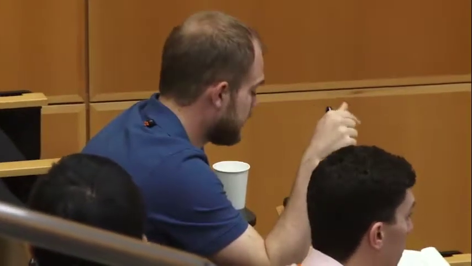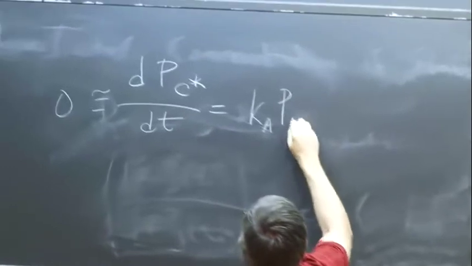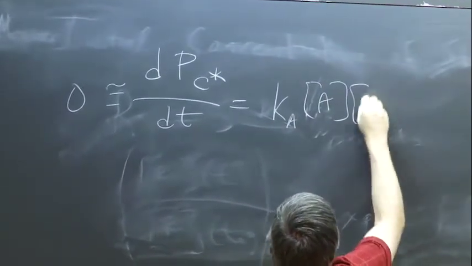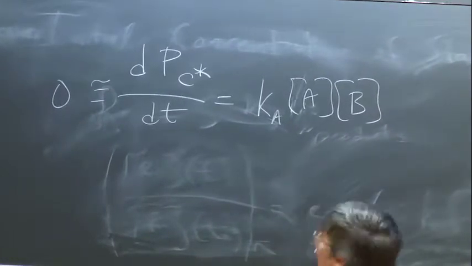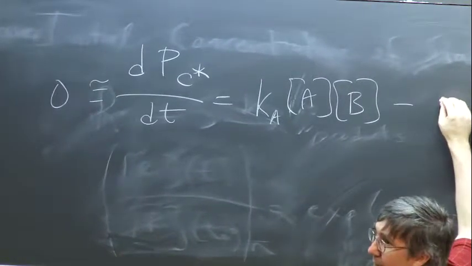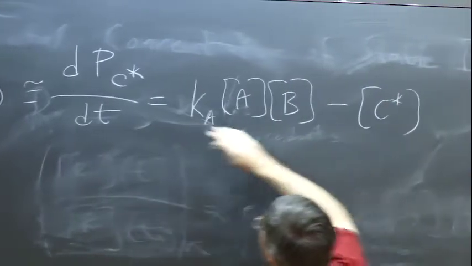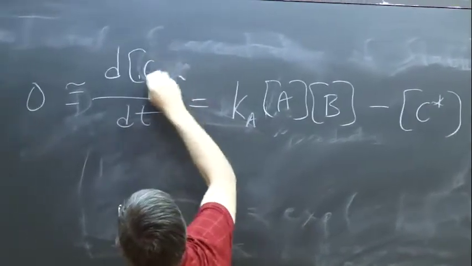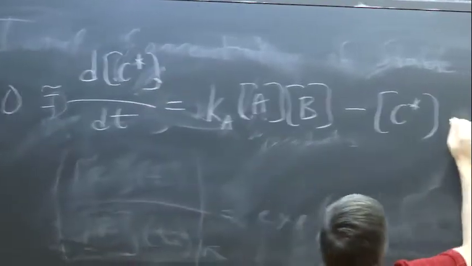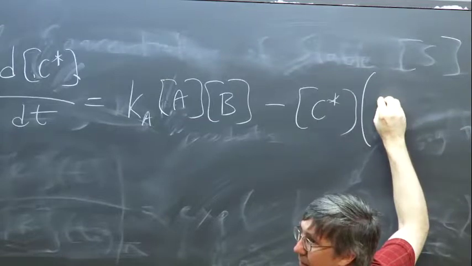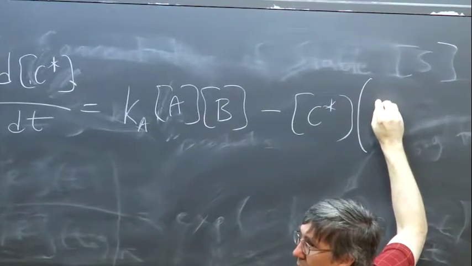So I have it as being Ka times A times B concentration, minus C star times the quantity of KD plus K2. I just added the terms, so KD plus K2.